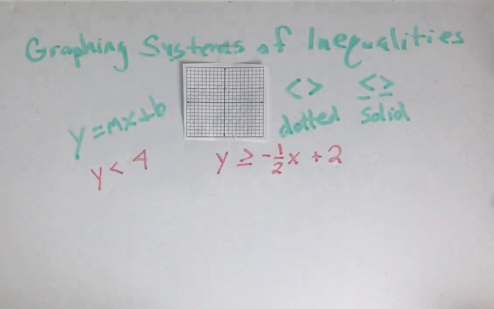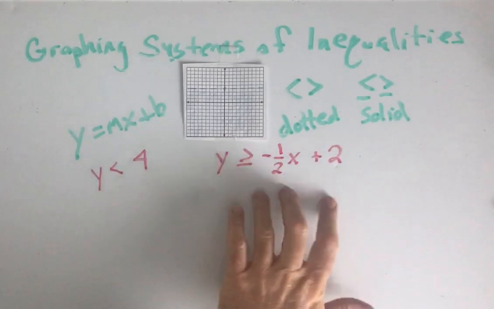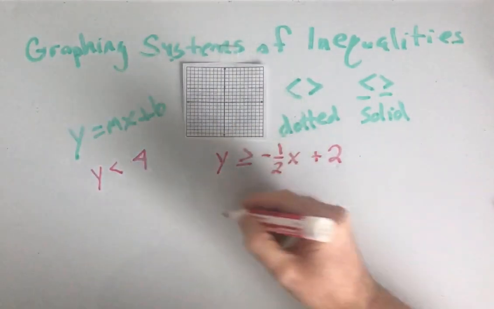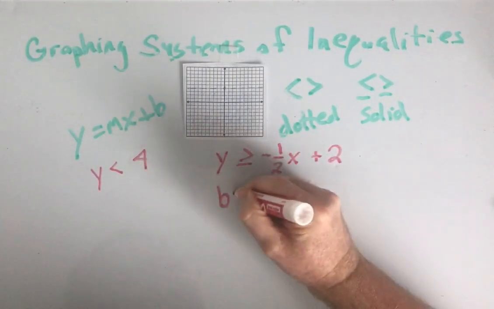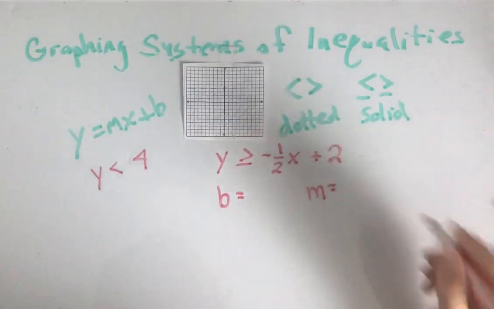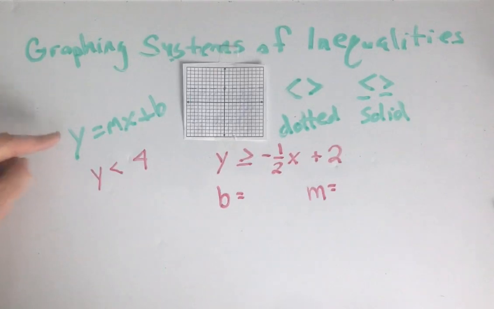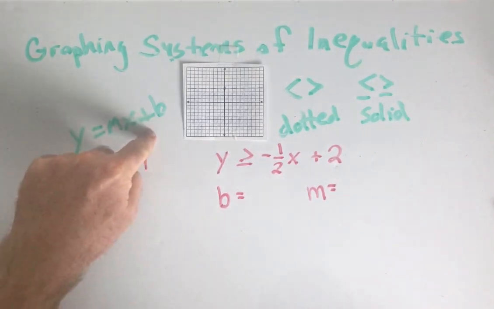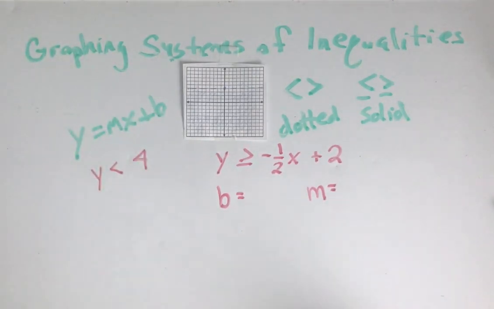All right. So now for my next one, it's a little tougher because there's a little more work involved, okay? So we need to determine where the y-intercept is, which is b. We also need to determine the slope, which is m. And if you remember the slope-intercept form for a linear equation, m is whatever is multiplied by x, and b is whatever is by itself, the constant, okay?